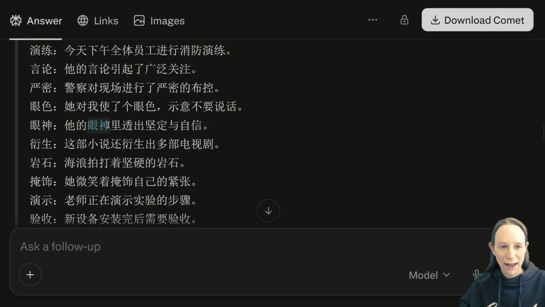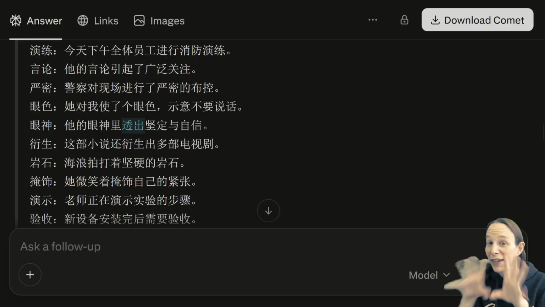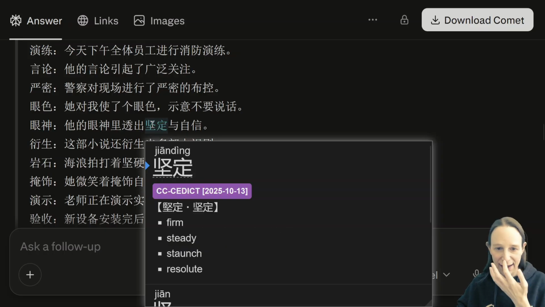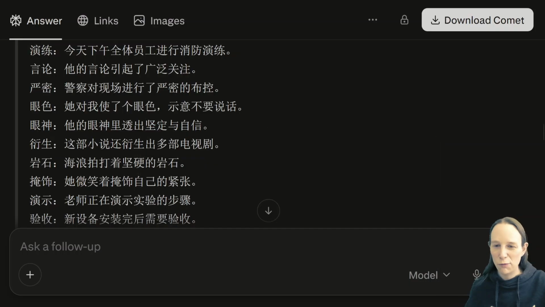So we're looking at his facial expression. It's 透出, it's revealing. 坚定 is like determination, and 自信, self-confidence. Okay, maybe resolve. I'm starting to question your resolve.